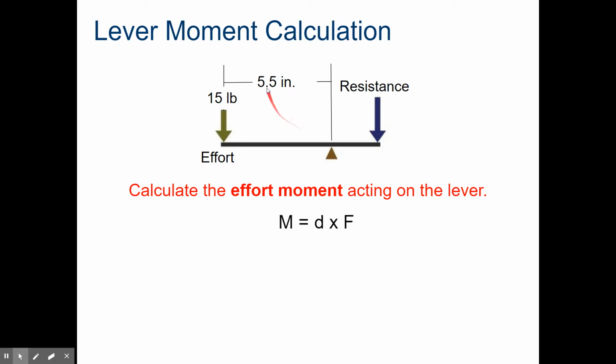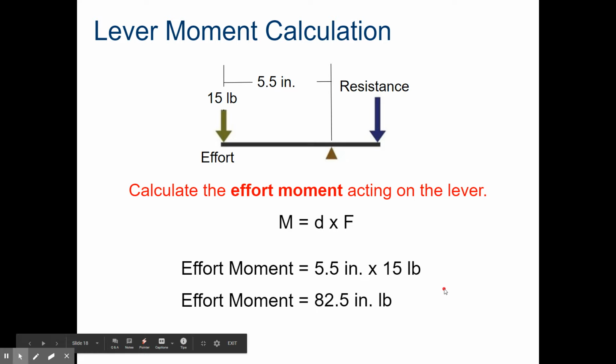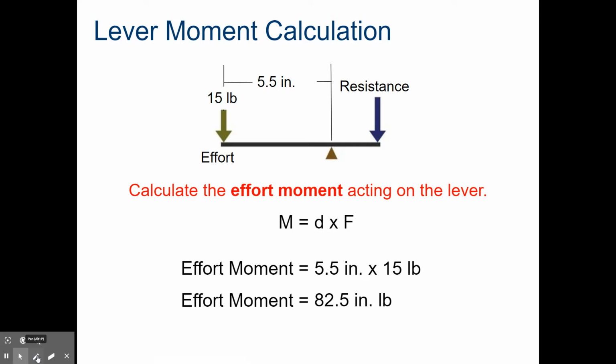The distance is 5.5 inches, and the force is your effort force, because we're talking effort moment. So effort moment equals 5.5 inches times 15 pounds, for a total of 82.5 inch-pounds.